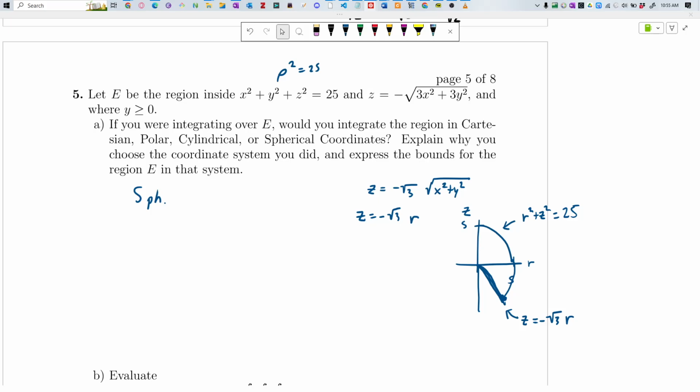Ooh, that doesn't look right. One second. There we go.